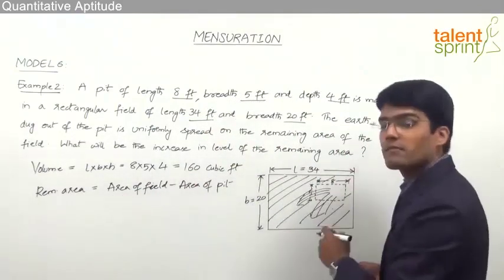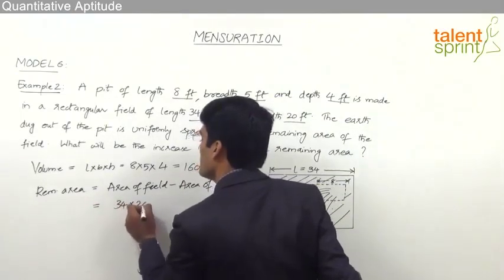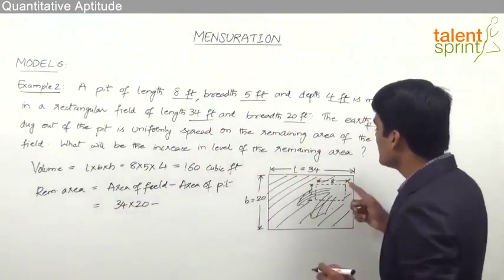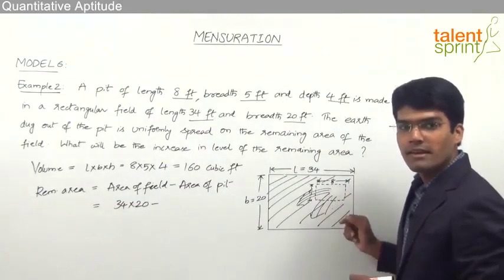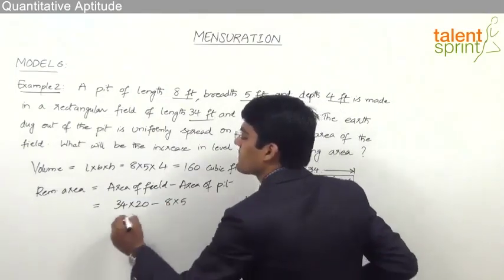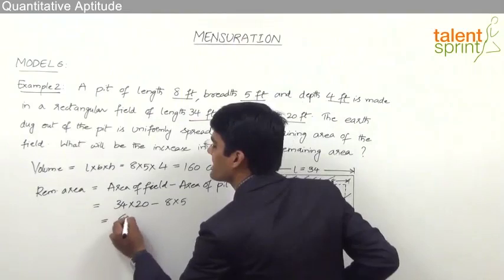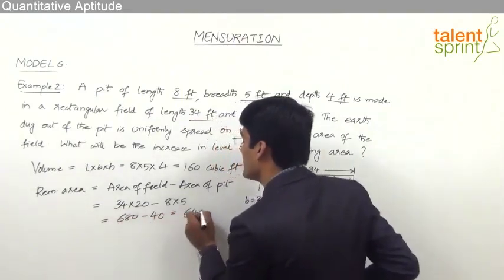Why? Because it is a rectangular field. So this will be equal to 34 into 20 minus area of the pit. Again the area of the pit here is length into breadth, because this is also in the form of a rectangle. So 8 into 5. So 34 into 20 is 680 minus 8 into 5 is 40. This comes out to be 640.